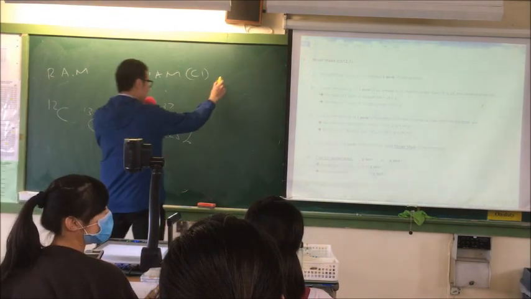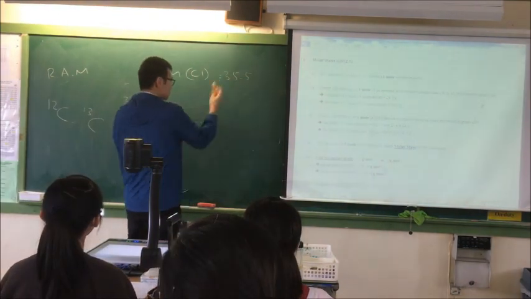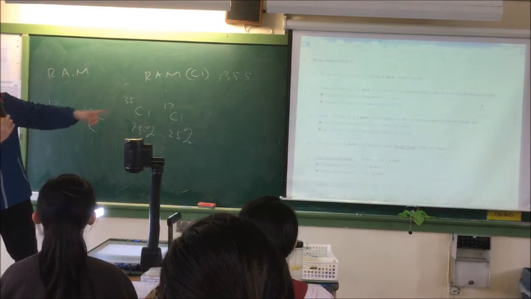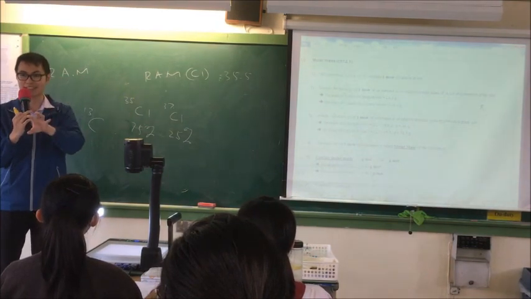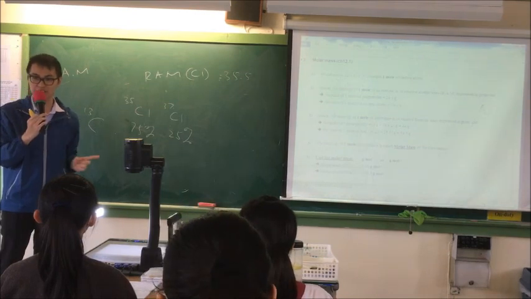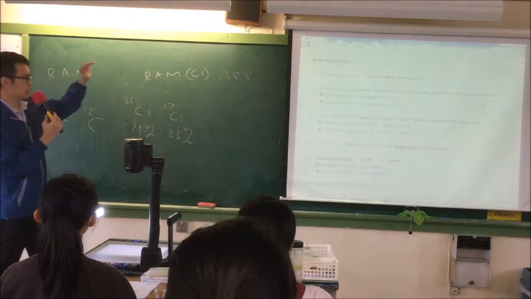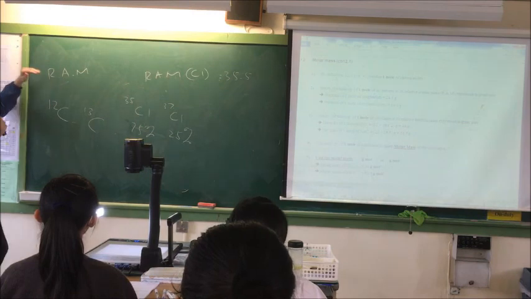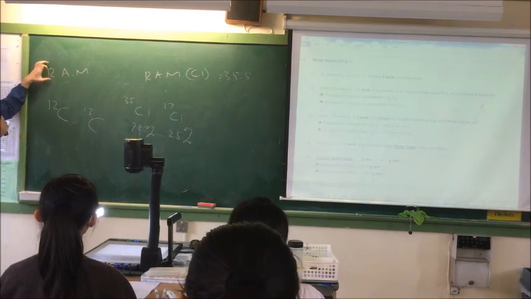大家記得係咪 35.5? And we tell you this is the average mass of one chlorine atom in nature, right? I mentioned this to you. So if we go back to Form 3, we will use RAM.